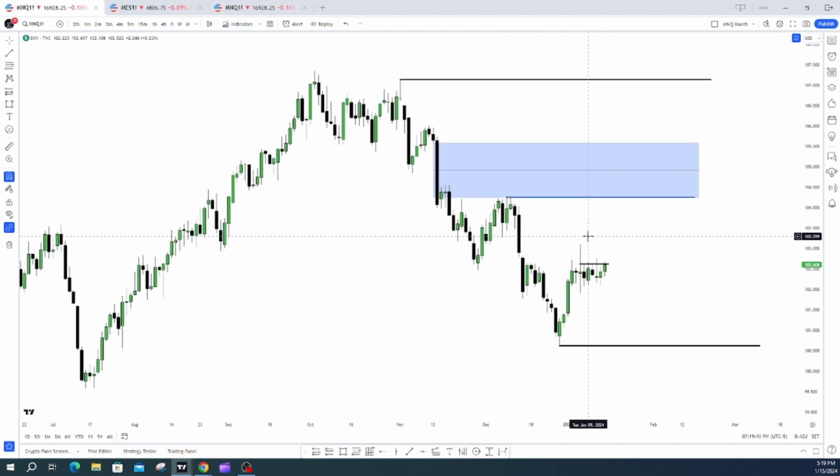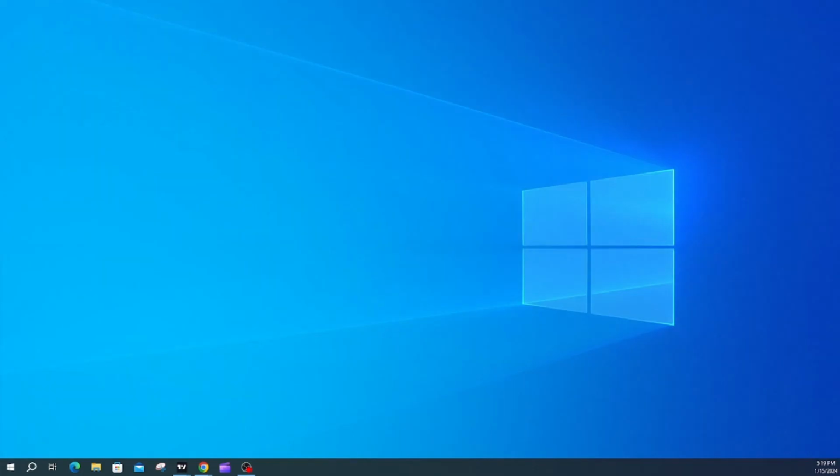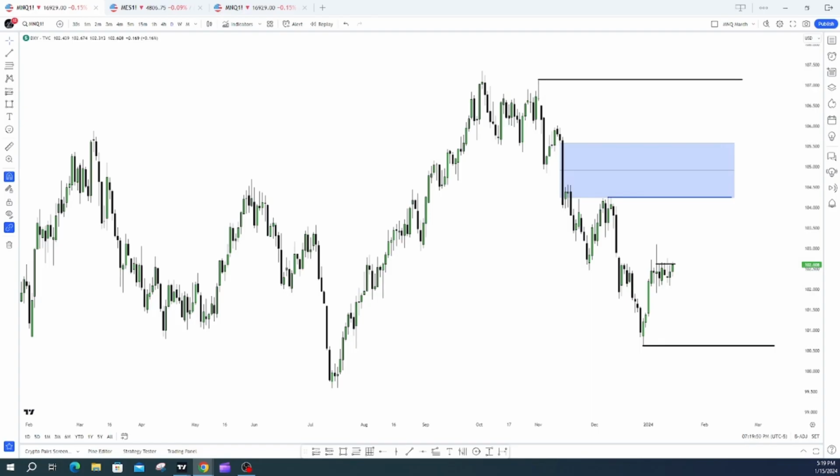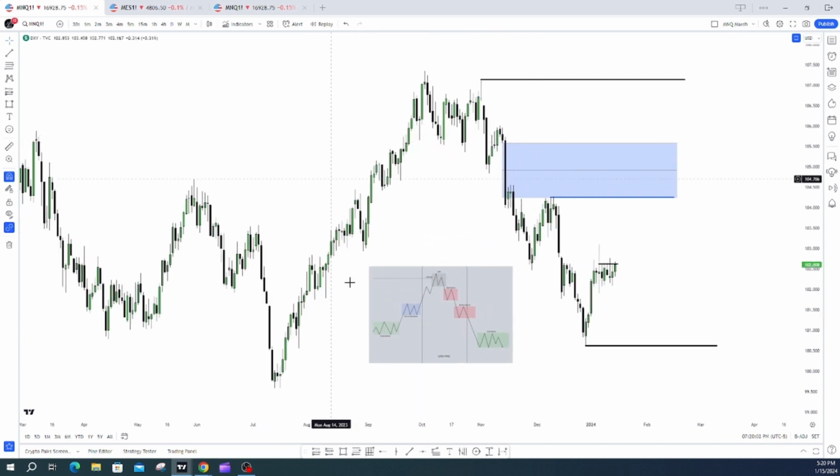Now I just want to show you that graphic again of the market maker sell model. Now, if you were just to look at this, this looks kind of ugly.